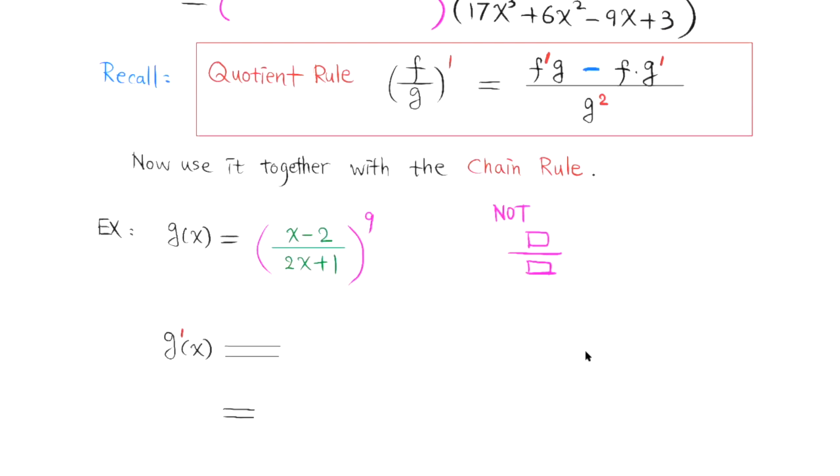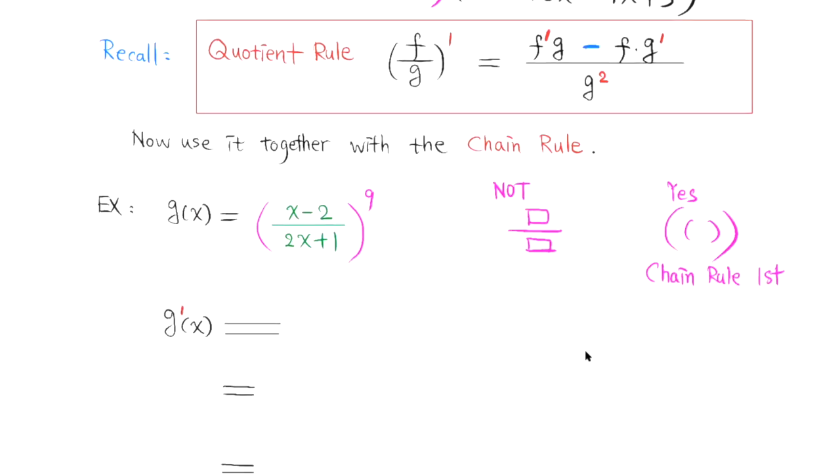In fact, this one here is a composite function, kind of like an onion, right? The inner function and then the outer function. So we use the chain rule first. We have to distinguish between them, so we'll use the chain rule first, not the quotient rule.